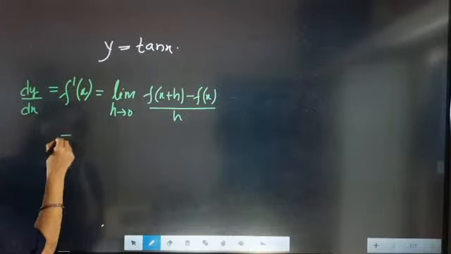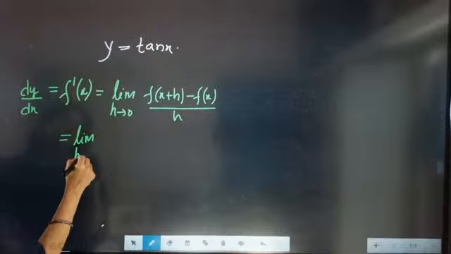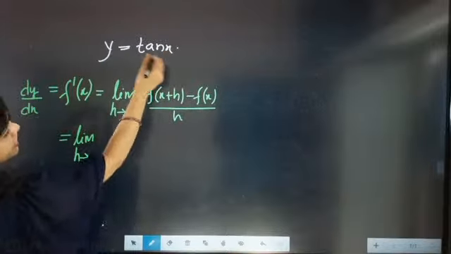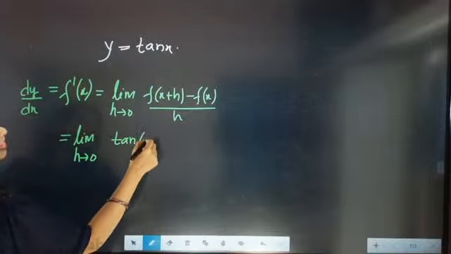Now wherever x plus h is there, it will become tan of x plus h.